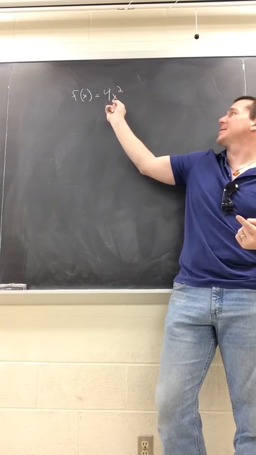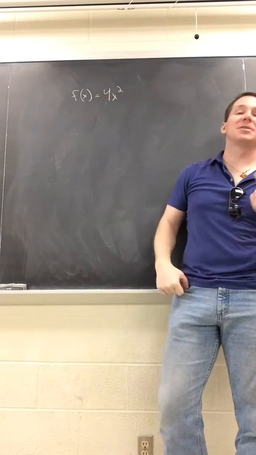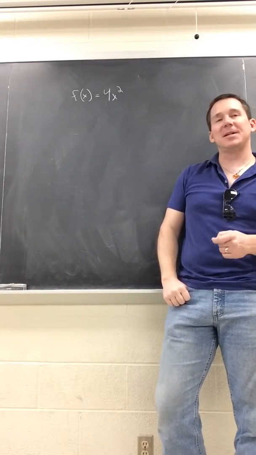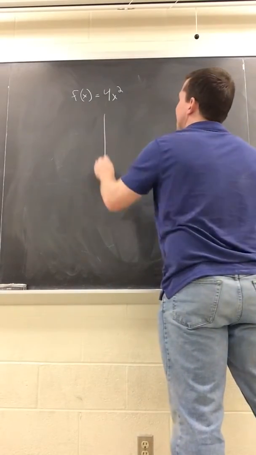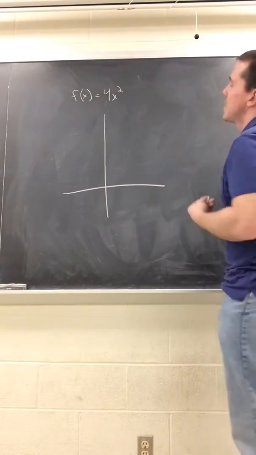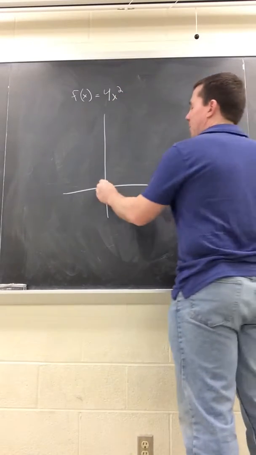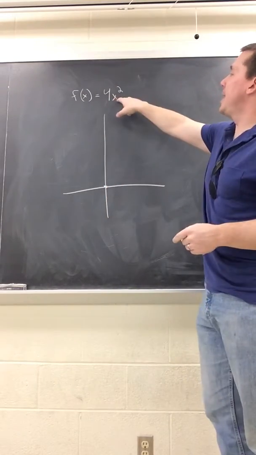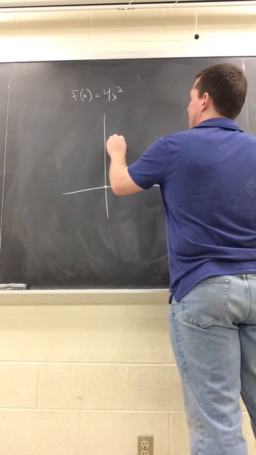When I plug in my x, I square it and then multiply by 4, which means it's outside of the square. We said earlier, if you do something outside of your function, it should affect it vertically. So graph it and see what you get. If we plug in 0, we get 0 squared, 0 times 4, which is 0. If we plug in 1, we get 1 squared, which is 1 times 4, 4.